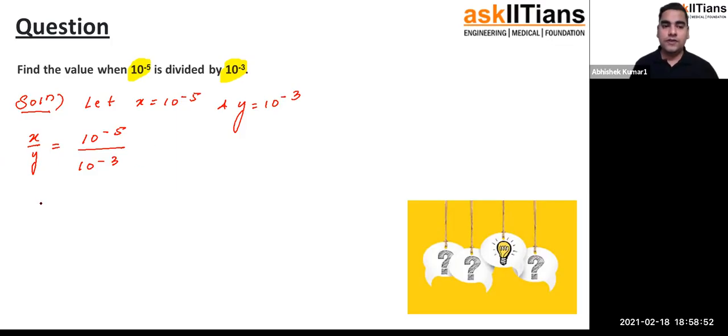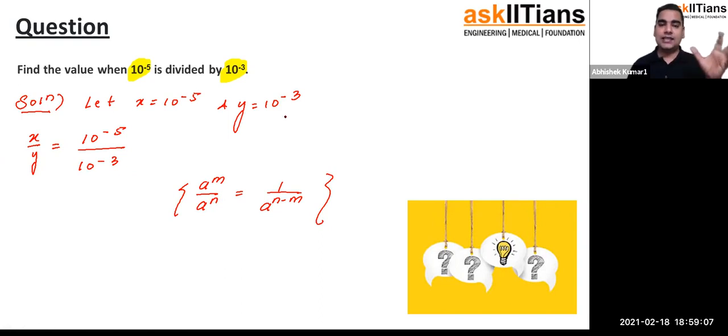Now we know the rules of exponent, right? We studied this particular rule that a raised to the power m upon a raised to the power n can be written as 1 upon a raised to the power n minus m, because here minus 3 is greater than minus 5, so I will move minus 5 to the denominator.